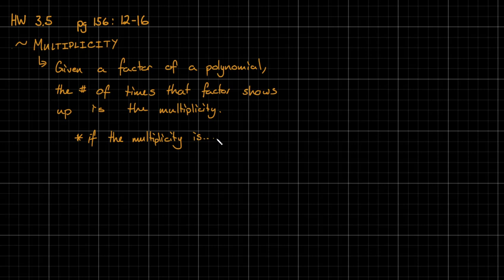What makes it touch and turn or bounce or U-turn, whatever language you want to use? Even. If our multiplicity is even, the graph touches the x-axis. I'm going to say touches x-axis specifically, and turns back around. And I'm just going to say turns around.